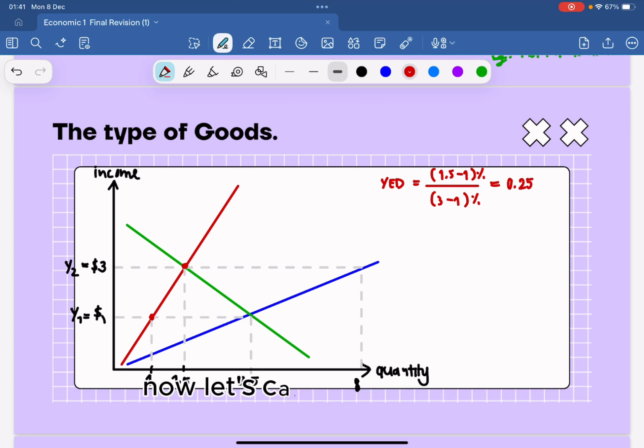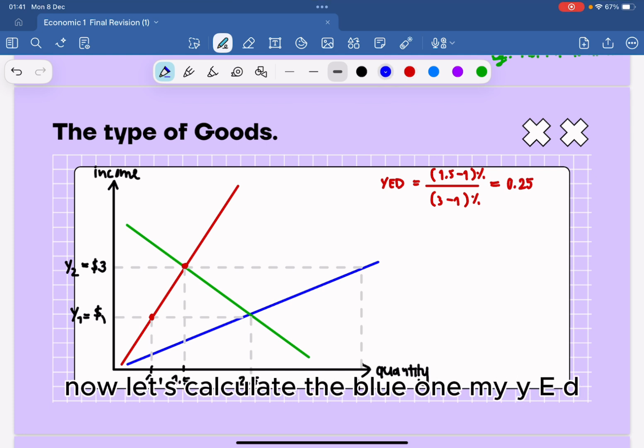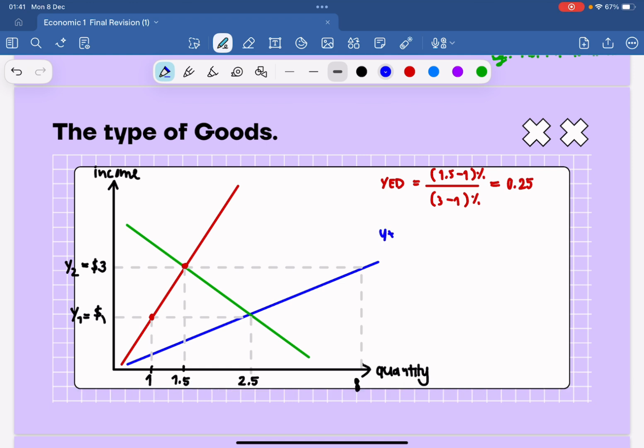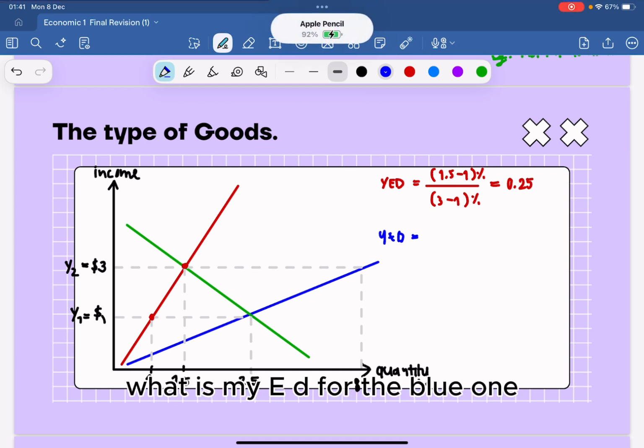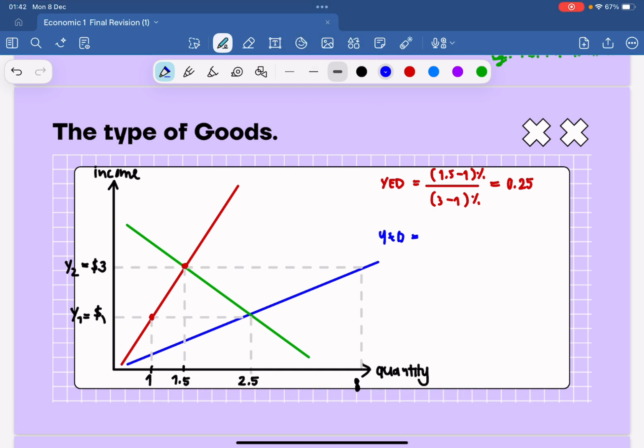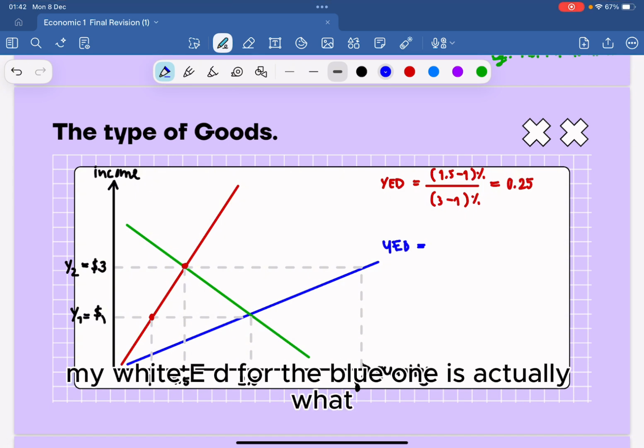Okay, now let's calculate the blue one. My YED for the blue one is actually, what is my YED for the blue one?